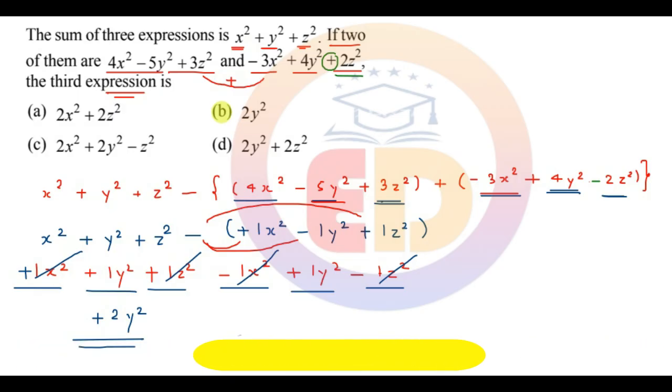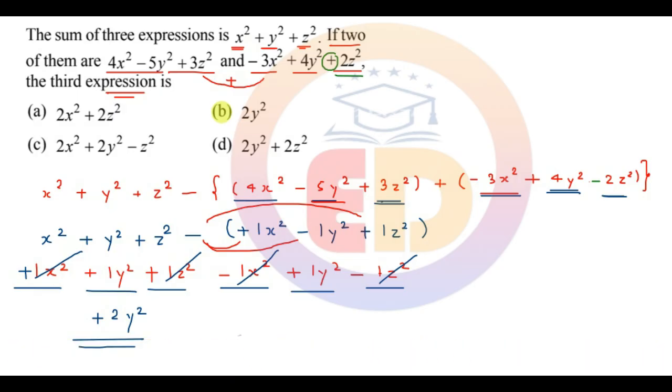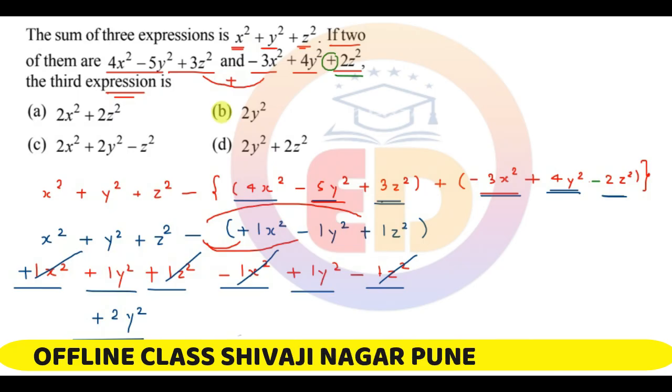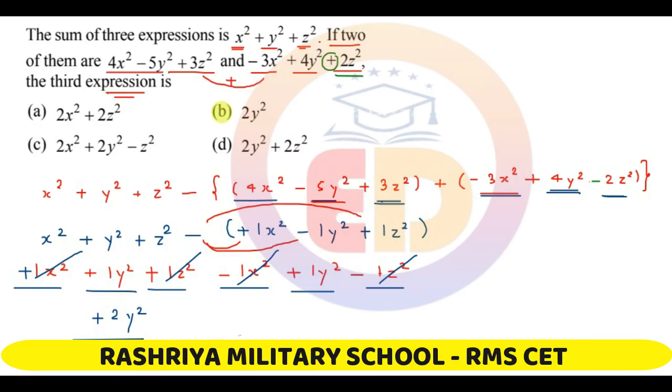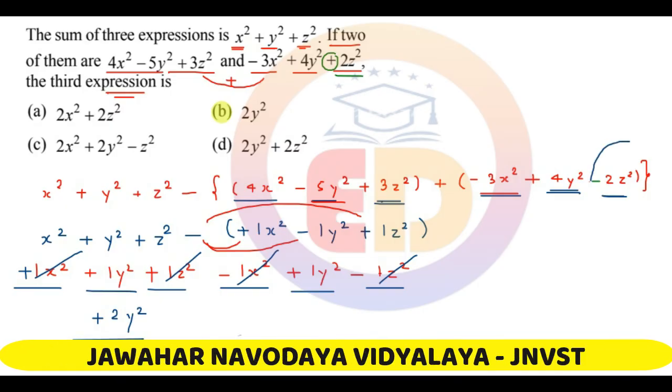If you leave the question, you will not get any marks. But if you mark any of the options, even though the answer is not correct, you will still be identified as the correct answer. Answer here is option number B, after the corrected value of plus 2z square as minus 2z square.